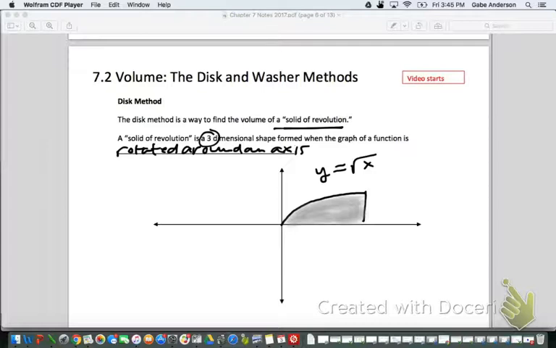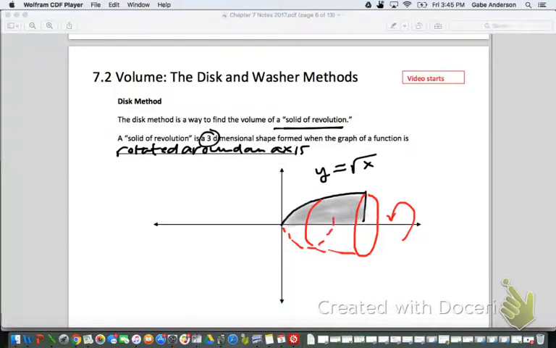I want you to imagine for a second, what if we took that region and we revolved it around the x-axis? So we took this whole gray region, revolved around the x-axis. It could look something like this, where down here we'd have this reflection of that curvy top part, and there would be all these circular elements to it.